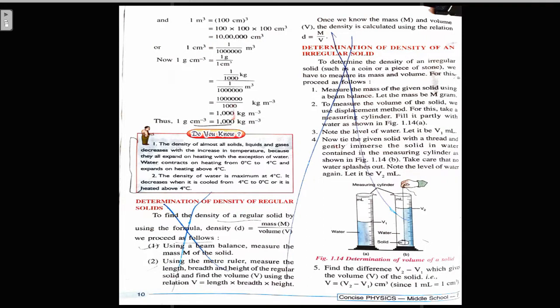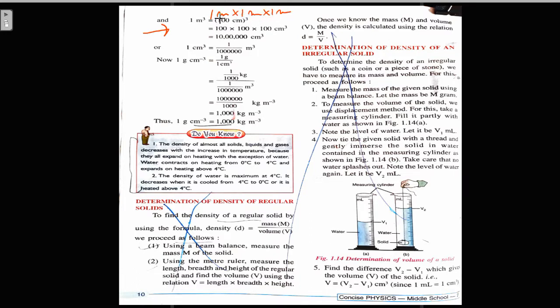Next, we have the relation between meter cube and centimeter cube. 1 meter cube means 1 meter multiplied by 1 meter multiplied by 1 meter.